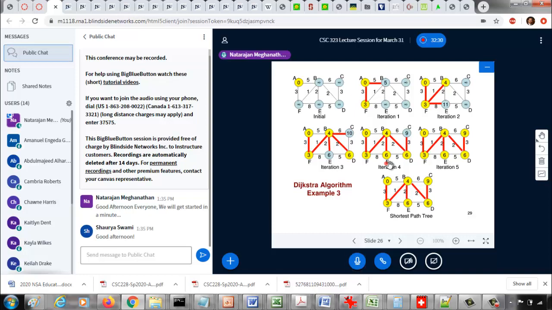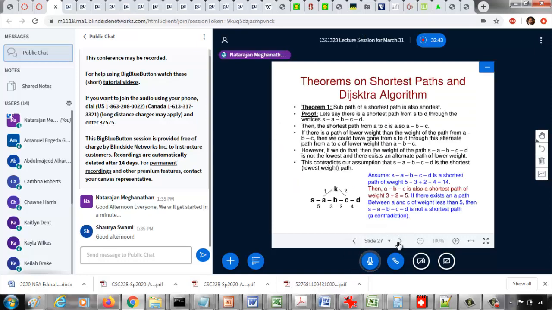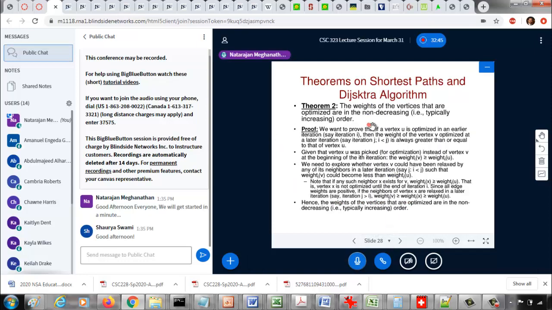Both mean the same really, but if you have more than one instance of the same value, we say non-decreasing. So that's the property of Dijkstra's algorithm: the shortest path weights of the vertices that are optimized are in non-decreasing order.